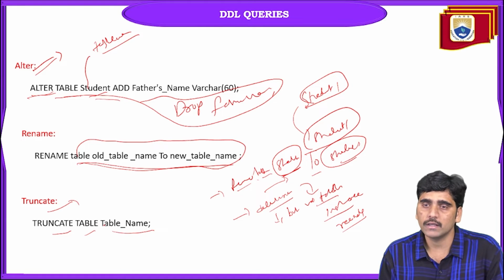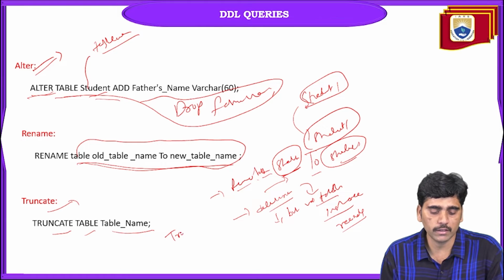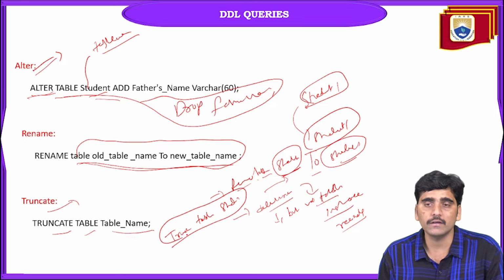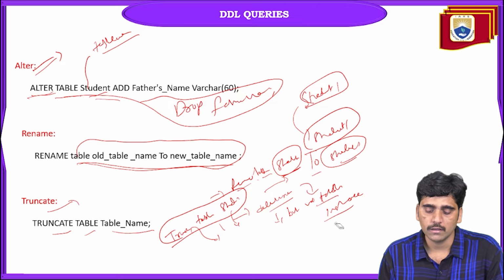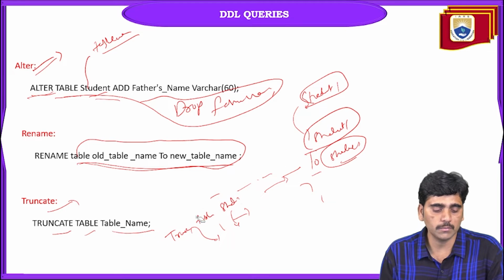Truncate table name is what? Student. So if you specify this command, the records of this student table will be deleted, but the table will not be deleted. The table instance is there, but the records will be deleted, right? So this is about truncate.